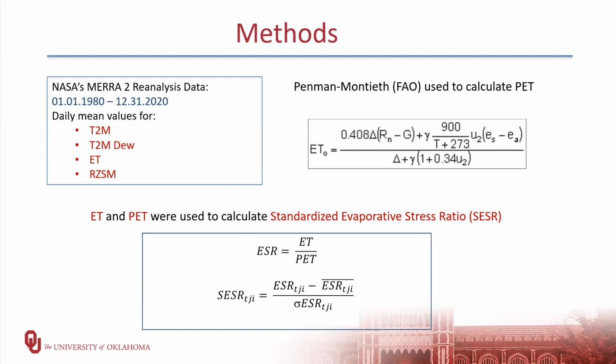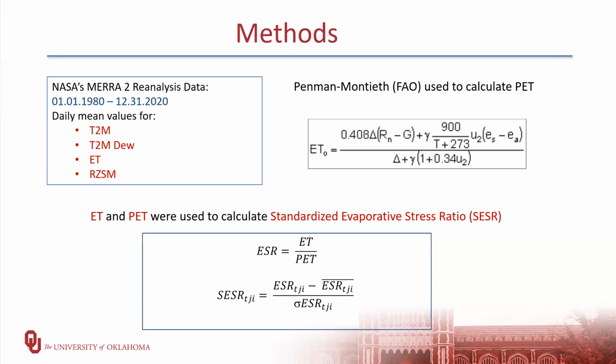The data used for this analysis was downloaded from NASA's MERRA-2 reanalysis archive. All of the data that we used were daily mean values from January 1st, 1980 to the end of December 2020, which gives us a total of 41 years. The main variables we used were 2-meter temperature, 2-meter dew point temperature, evapotranspiration, and root zone soil moisture.